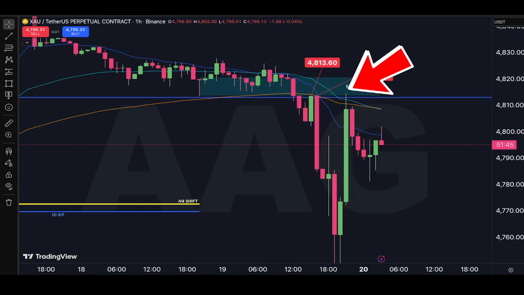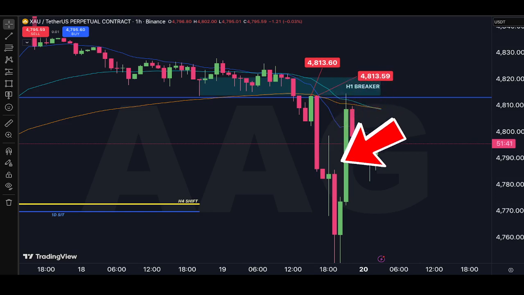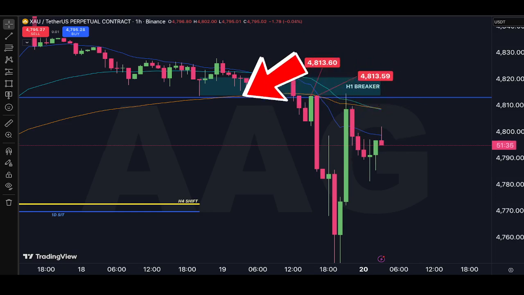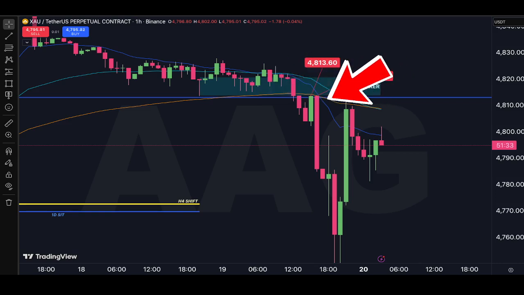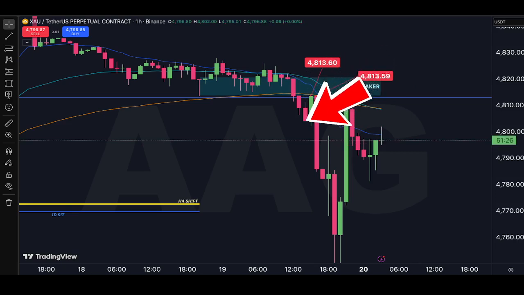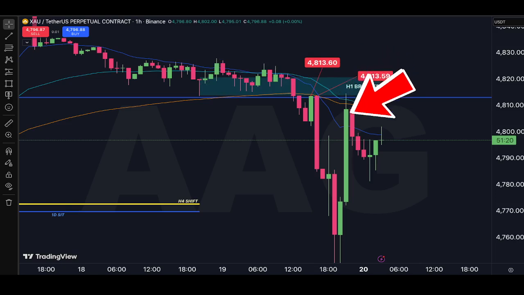If we pay attention to these levels forming typical highs, the resistance was provided by the daily CE level, the H4 OCL, and the H1 classic, but ultimately price went and tapped into this breaker, right?